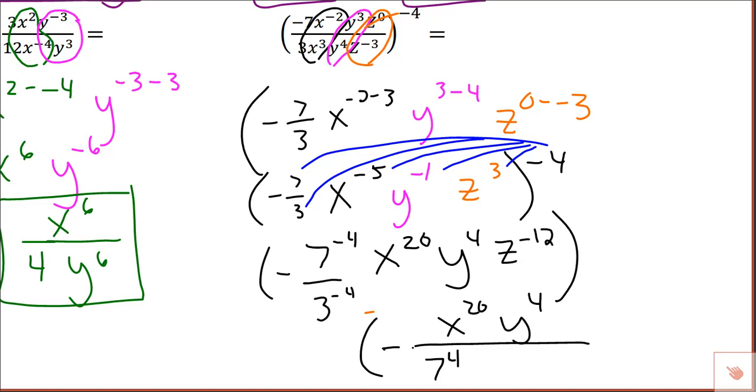And the 3 to the -4, which is in the denominator, needs to move to the numerator to become positive. And that z to the -12 has to move to the denominator to become positive. And so this can be your final answer. Teachers are generally okay with you leaving numbers with their exponents, but if they want it as an actual number, you can use your calculator to do 3 to the 4th and 7 to the 4th and write their number values.